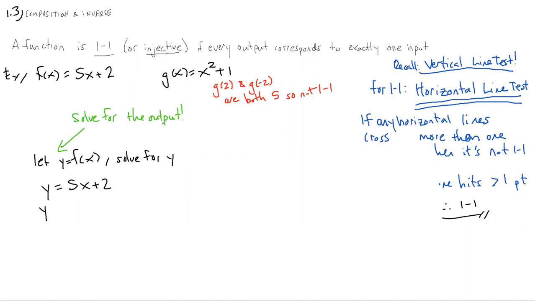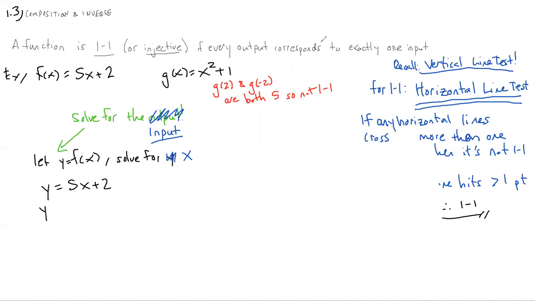The output's already solved for. There's nothing to do there. We're going to solve for the other one. I'm going to scribble that out to make it very clear I messed up there. Solve for x, not y. y is already solved for.